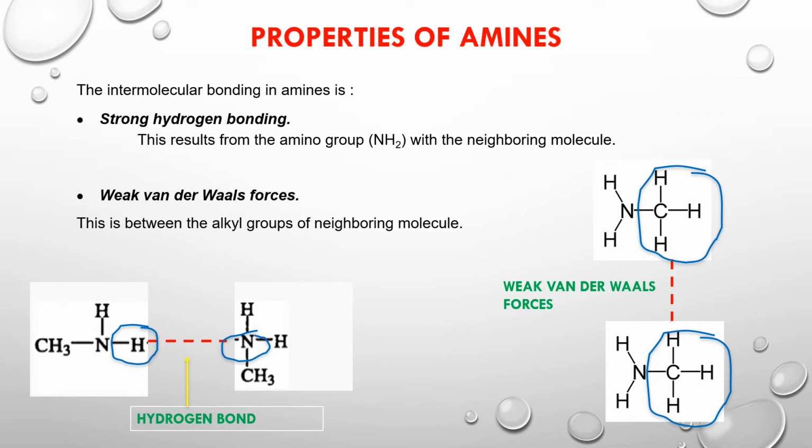Now as the amine gets bigger and bigger, the alkyl group will also get bigger. Therefore, the van der Waals force will also increase in strength because of the longer chain of amines. So as the amines get bigger, the dominant force is going to be weak van der Waals forces.